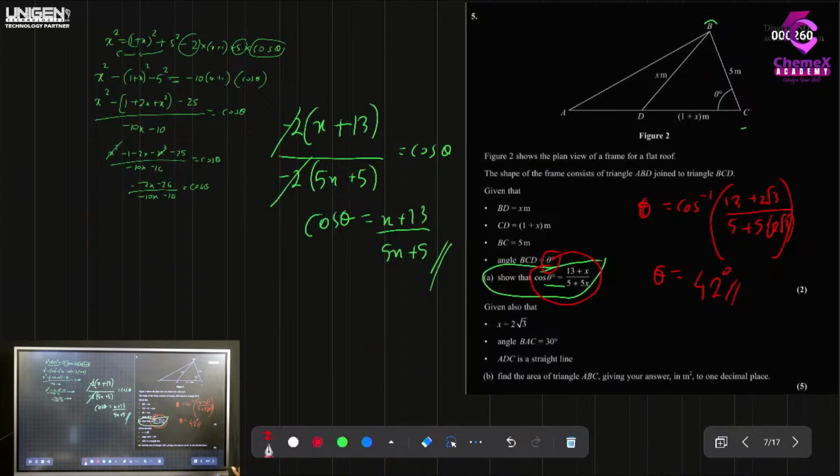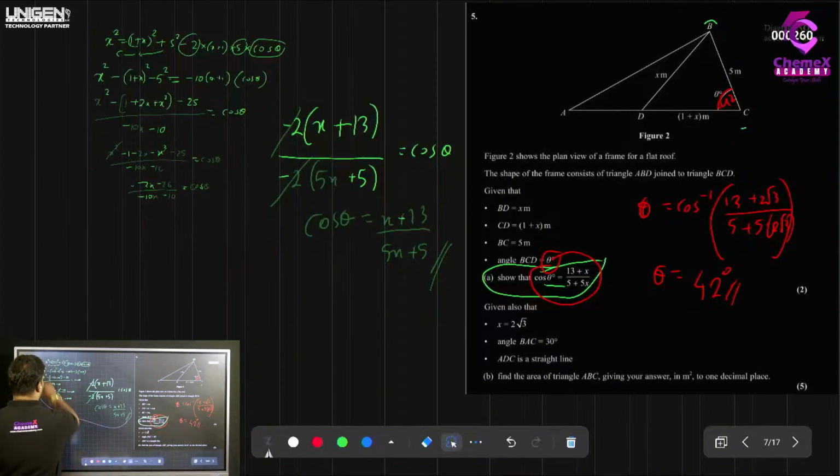Now use the sine rule. Now you know this angle is 42. Then how do we use the sine rule? What is your main target? To find the area. So how do you find it? Sine 42 equals 5 over x, right? Sine 42 over x, 5 over x, the unknown value.